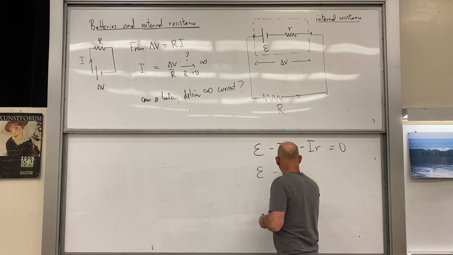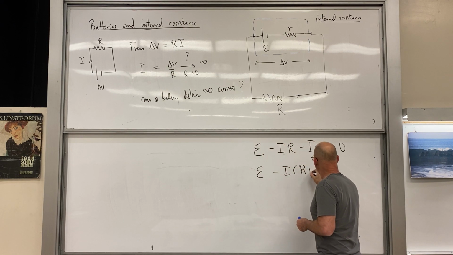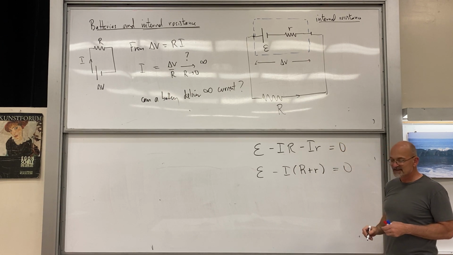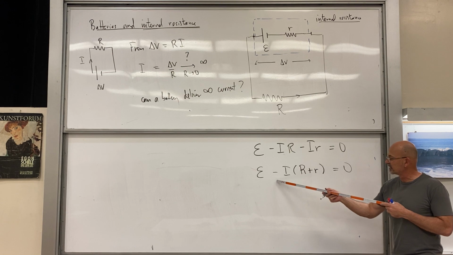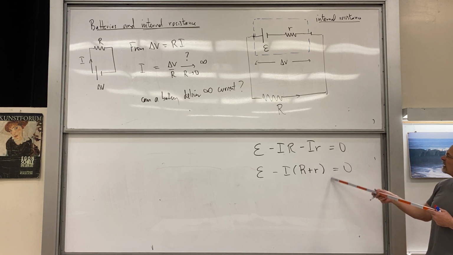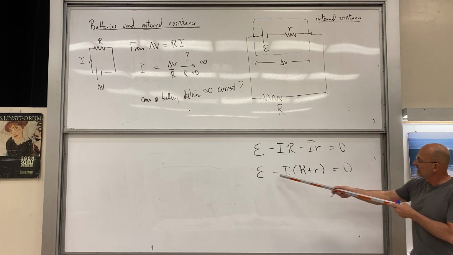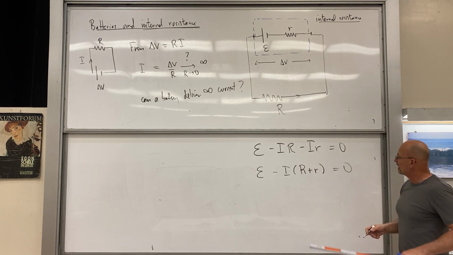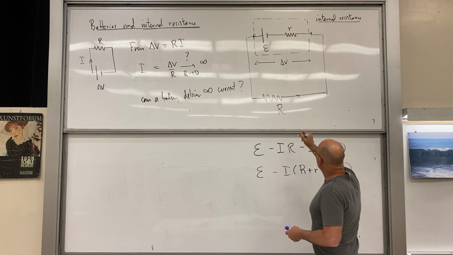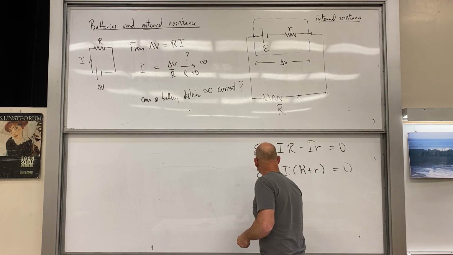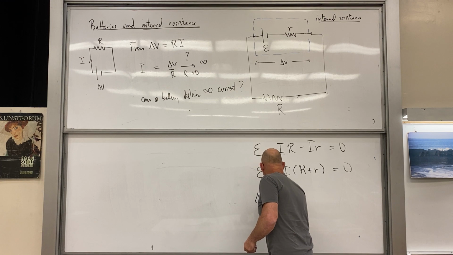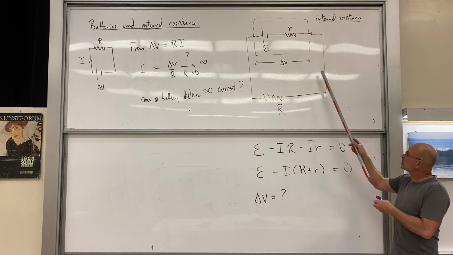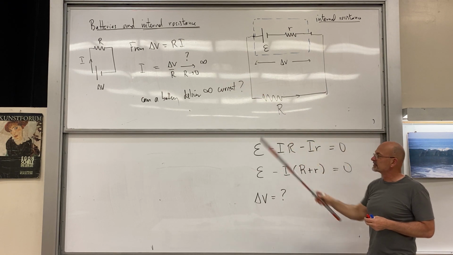So E minus I times (R plus r) equals 0. This is basically Ohm's law. You can see it right here. You have these 2 resistances, and this is in place of the delta V. So we have that. What about the delta V now? Because that would be the actual reading across this battery.